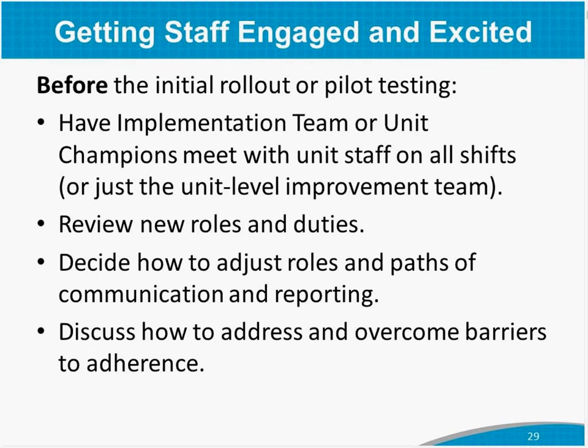Is there somebody else who can come in and talk to the patient and their family about the importance? Because maybe they're just not hearing me, they need to hear it from somebody else from the skin and wound care team. And you need to talk about how you're going to address some of the barriers to adhering to this plan.